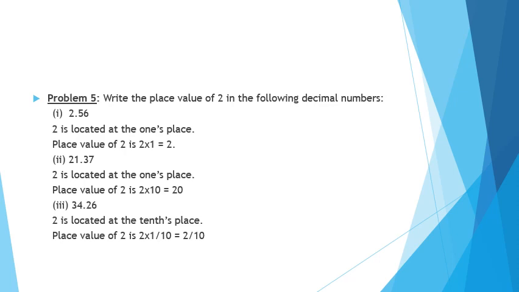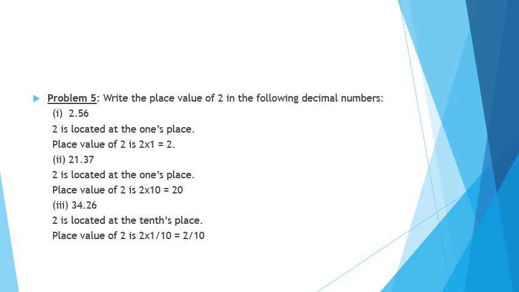Right, now let's come to the fifth problem. We have to write the place value of 2 in the following decimal numbers. When we look at this, this is 2.56. 2 is in the ones place, so the place value is 2. 21.37. 2 is located at the tens place. So the place value of 2 is 2 into 10, 20.